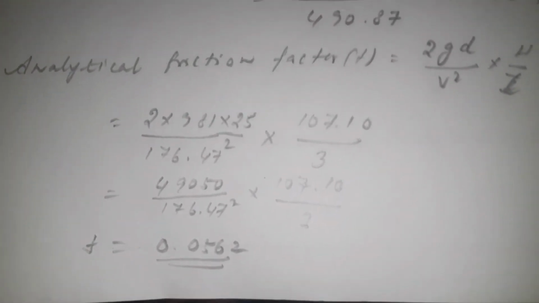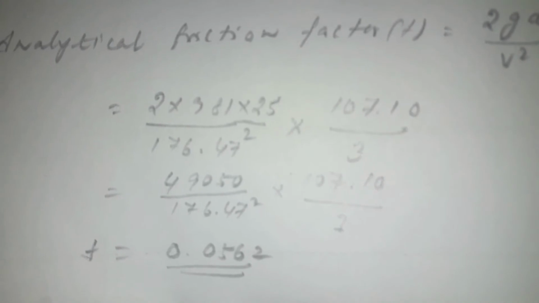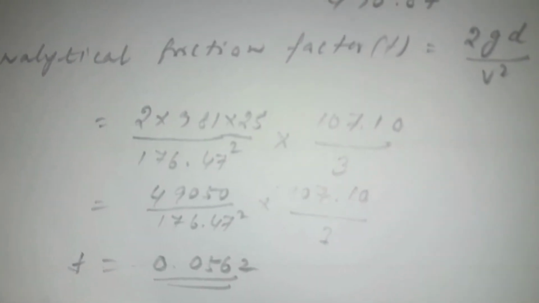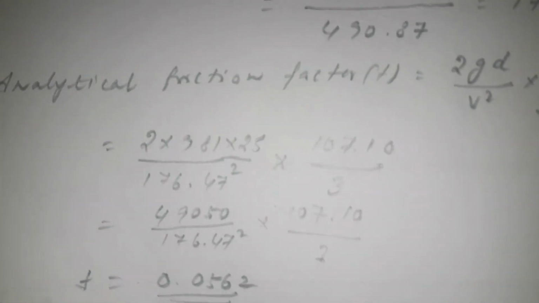So all the values are substituted in this formula, we will get 0.0562 analytical friction factor for the 25 mm diameter pipe.